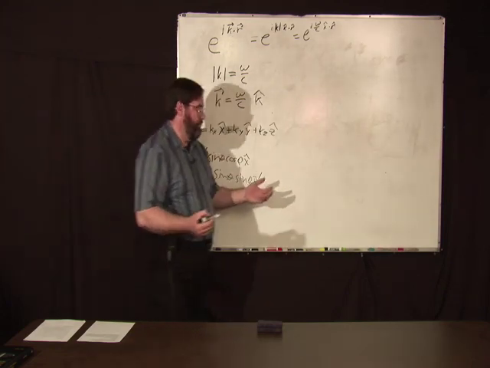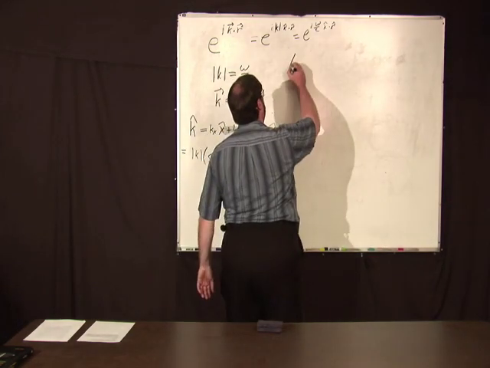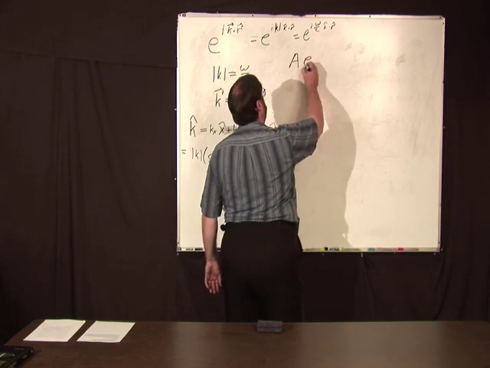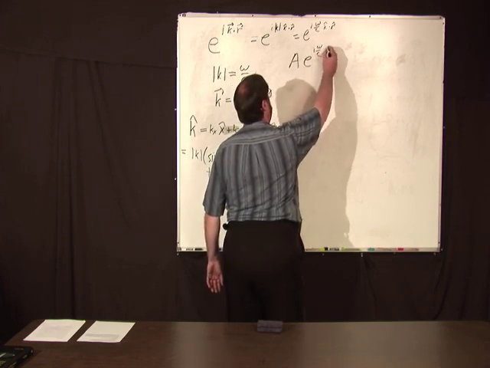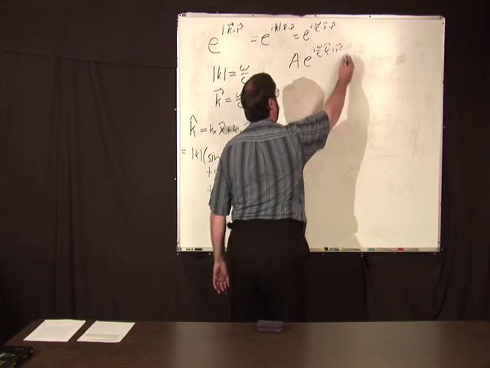Or in general, the plane wave is some amplitude times e to the i omega over c k hat dot r. Okay.